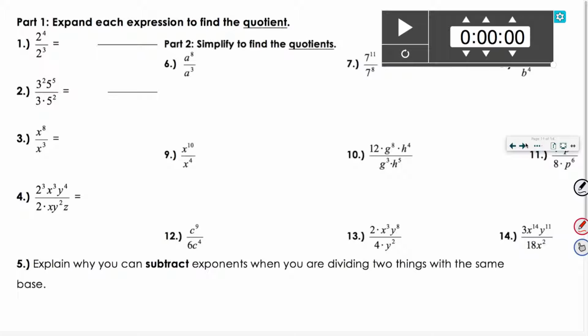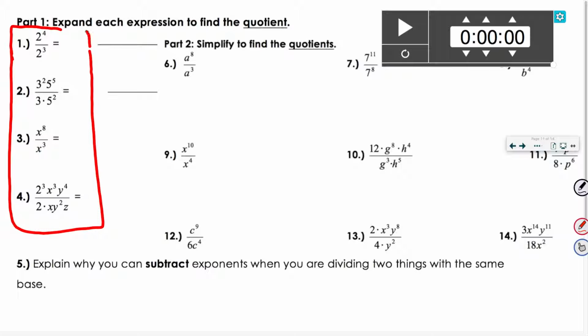So here are the ones that we're going to focus on. Which ones did we do? Number 1, 2, 3, 4, 6, 7, 9. Actually, don't do that one. 6, 9, 12.